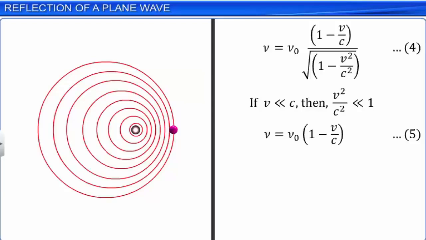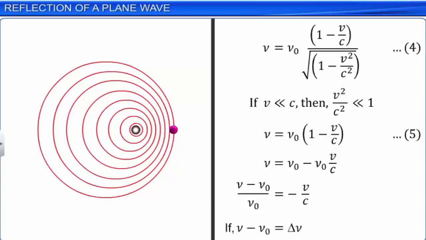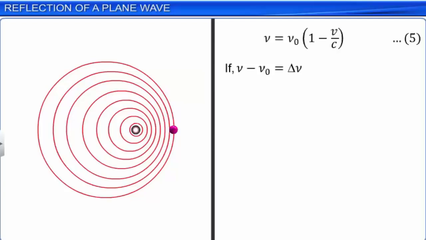Equation 5 can be rewritten as nu minus nu naught whole divided by nu naught is equal to minus of v by c. If the change in the frequency nu minus nu naught is written as delta nu, then the fractional change in the frequency delta nu by nu naught is equal to minus v by c.